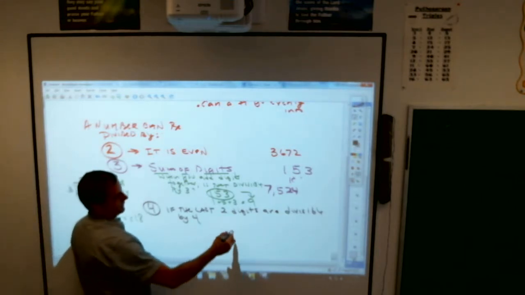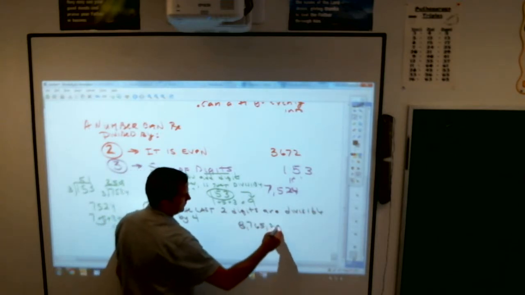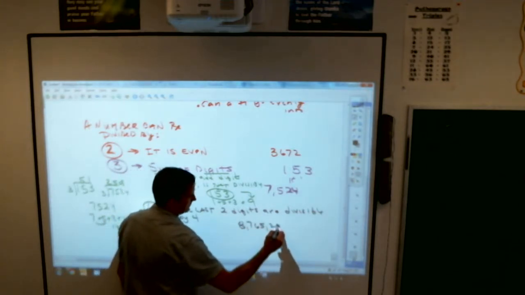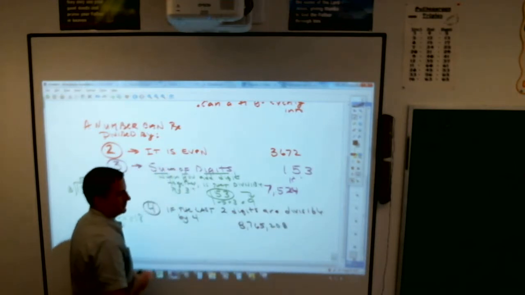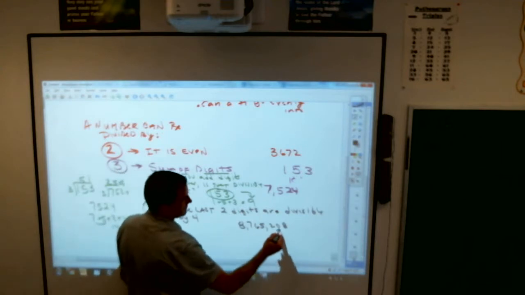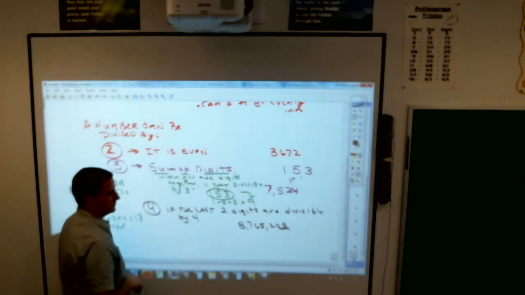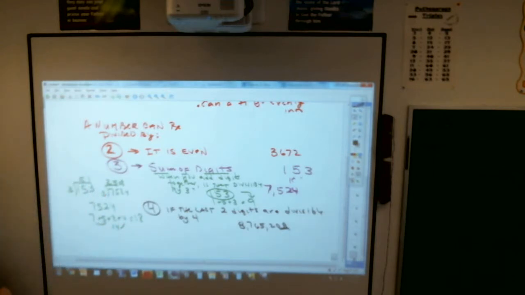And that means this: if you have 8,765,208, 4 will go into that because you just look at the last 2 digits. If 4 goes into those 2 digits, then 4 will go into the whole number. Just take my word for it. That's kind of a fun one, isn't it?